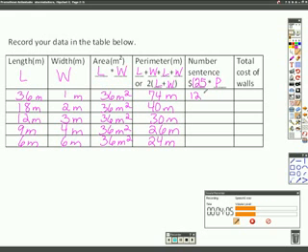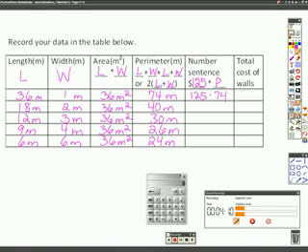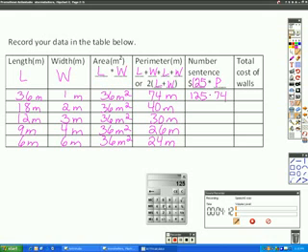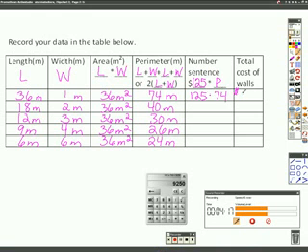So we have 125 times 74, which equals $9,250.